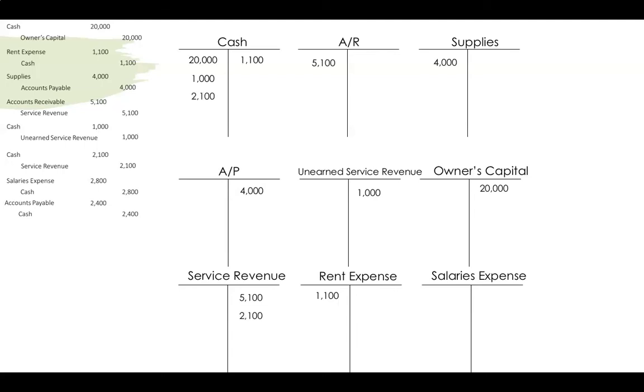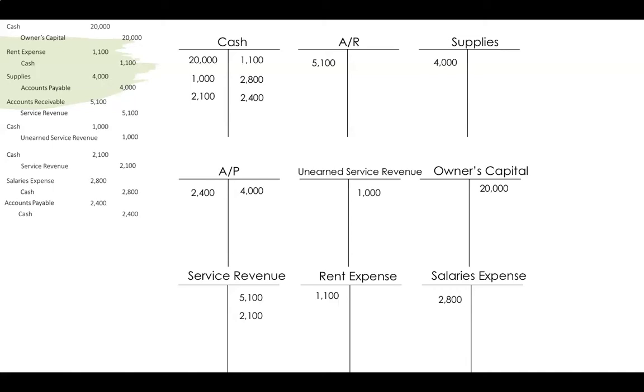Debited cash again for $2,100, credited service revenue for $2,100. Debited our salaries expense for $2,800, credited cash for $2,800. And then the last journal entry, we debited accounts payable for $2,400 and credited cash for $2,400.